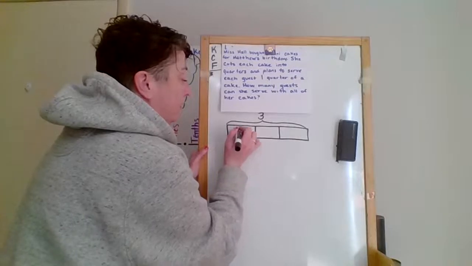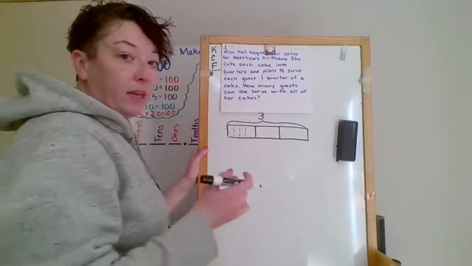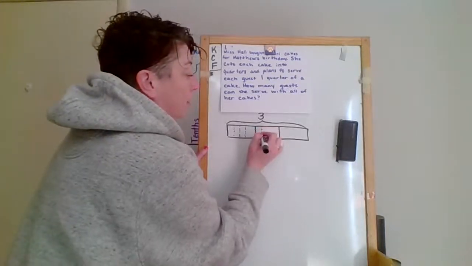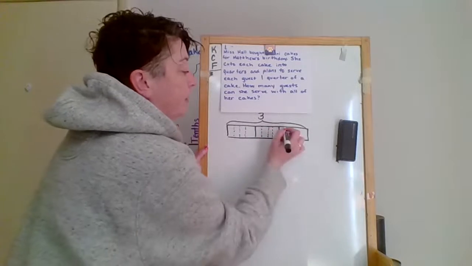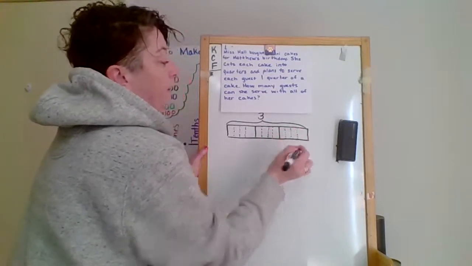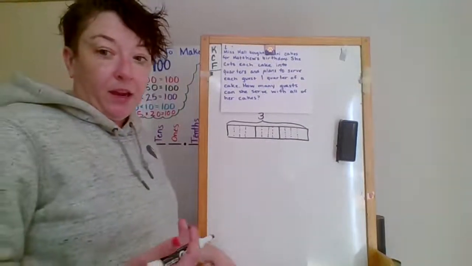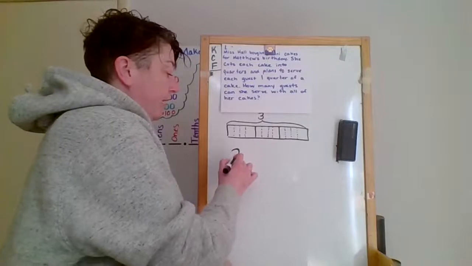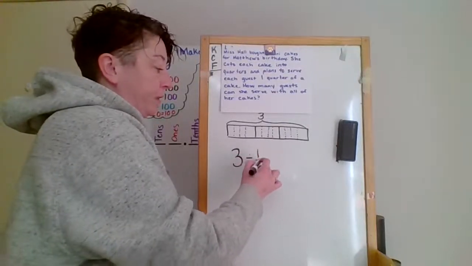So I'm going to draw 3 lines within each whole. Oops, those weren't very even. Okay. So let's think about what we're doing here. What we're doing is we're taking 3 cakes and we're dividing them into fourths.